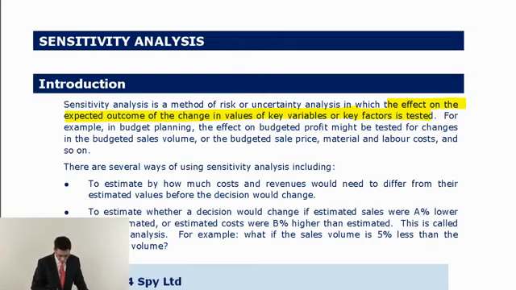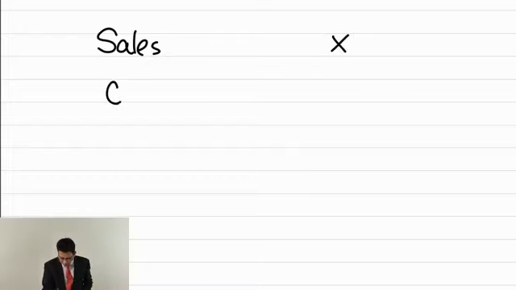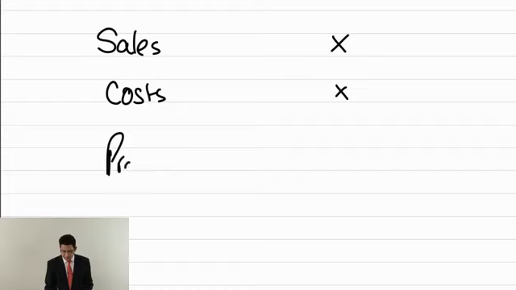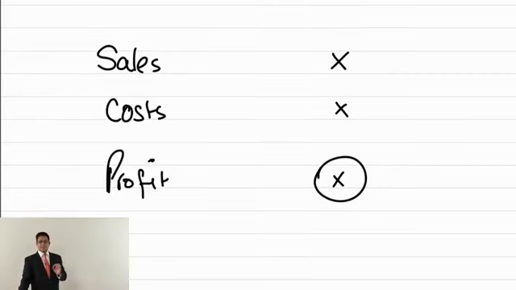If I just give you a little example, you will understand it quite well. For example, we know profit is the difference between sales and costs, very different types of costs, and we end up with profit.